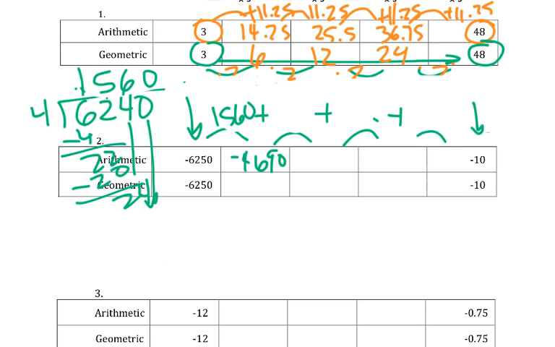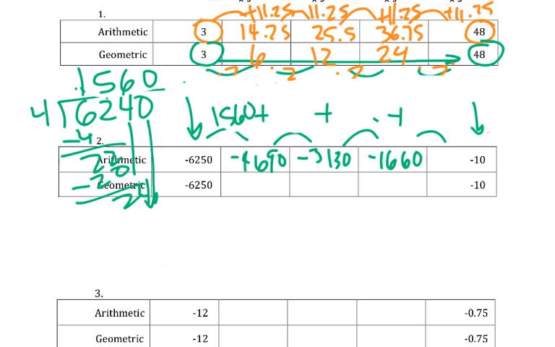Then do it again, which would give us negative 3,130. We do it again and we get negative 1,570, and then that would take us to negative 10.